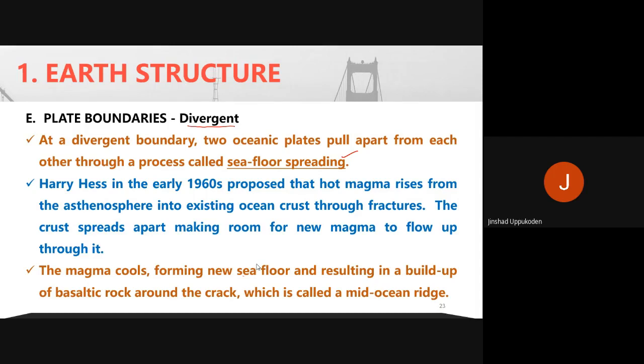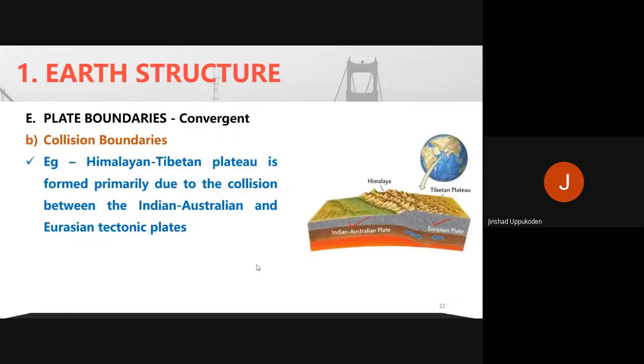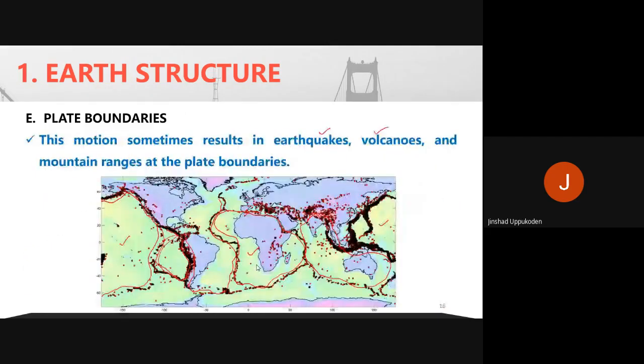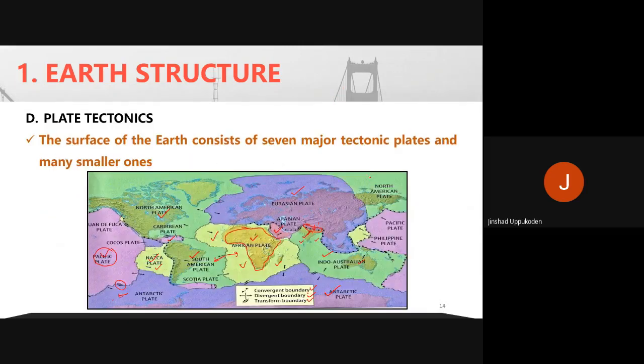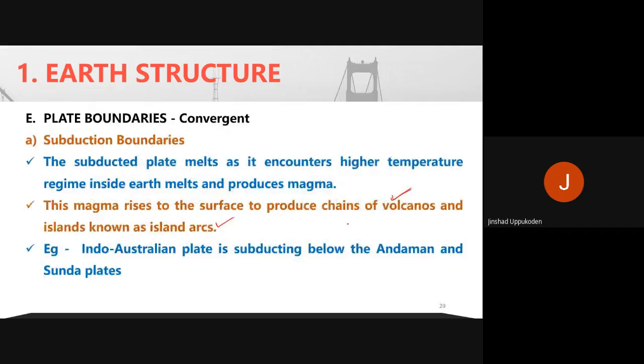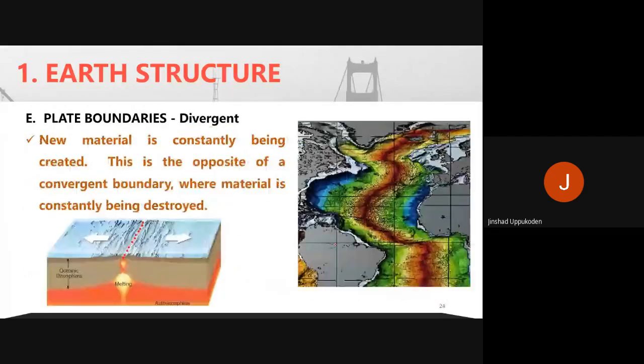When the magma cools down, we get something called a mid-ocean ridge. I showed you in the first figure. A ridge is being developed, the area where the new crust gets developed. Here you can see in the figure, these two plates are moving apart from each other.